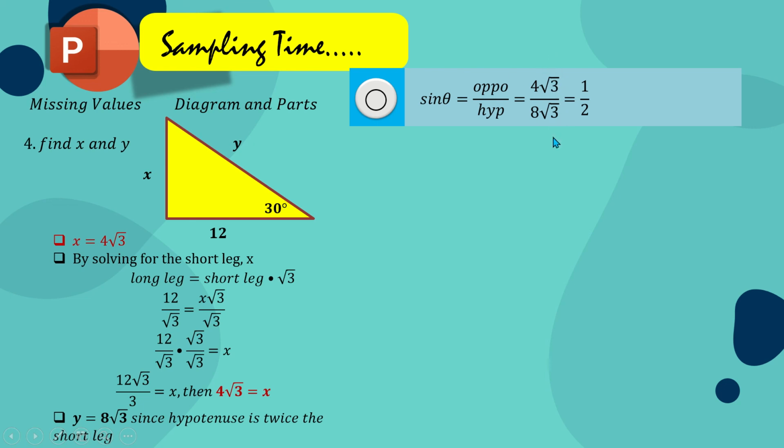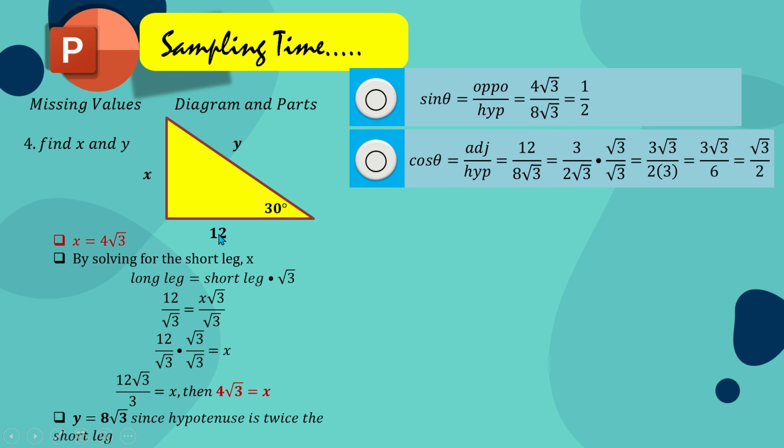The square root of 3 cancels, leaving 4 over 8. What is 4 over 8? It is equivalent to 1/2 when reduced to simplest form. The common divisor is 4. How many 4s in 4? 1. How many 4s in 8? 2. So 1/2.